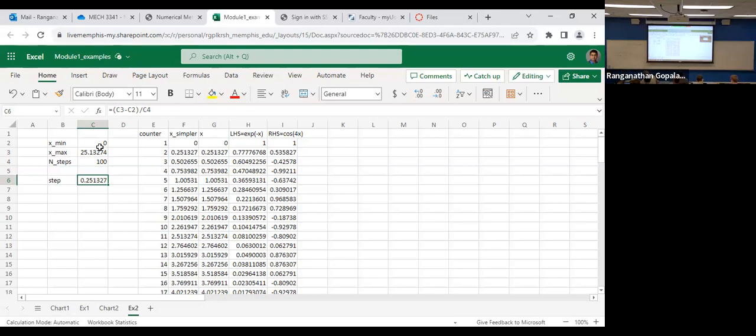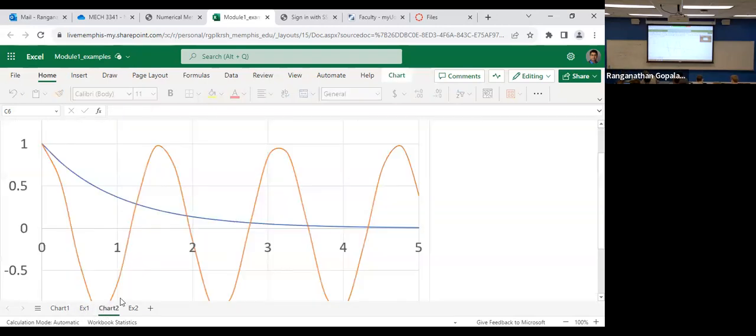You have a graph, and I'm going to do a few things here. Let me write this here. Focusing on the interval 0 to 5. I'm just arbitrarily cutting it off at 5 because beyond 5, I find that one of my functions is just practically 0.